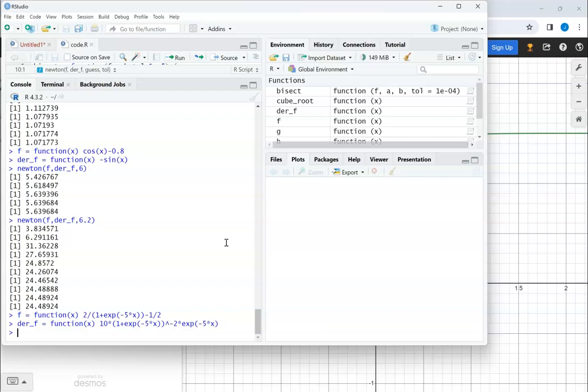The next method we're going to do, we're not going to use the derivative. It'll be another one of the iterative methods like Newton's is, where you're going to use previous guesses to generate new ones. So we refer to those again as open methods, versus the bracketing methods where we're trying to bound where the root was.